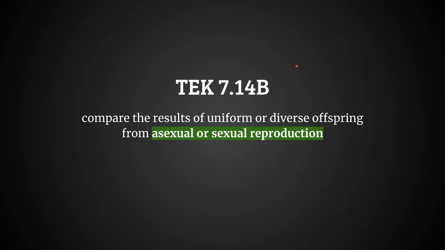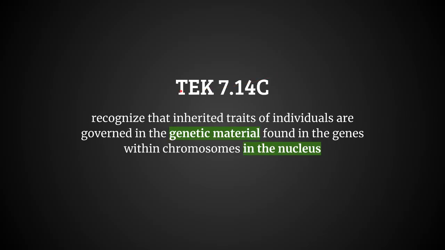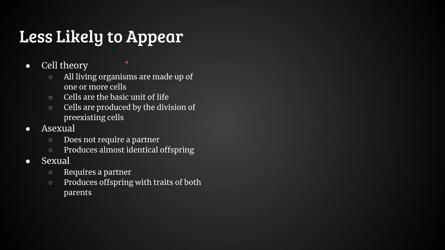Next, we have our cell theory and asexual reproduction and sexual reproduction, genetic materials in the nucleus too. So this is all sort of review from 7th grade. You got your cell theory, which basically says that all living organisms are made up of one or more cells. They're the basic unit of life, and the cells can only be produced by the division of pre-existing cells. So cells just kind of make more buddies, and that's how they reproduce.